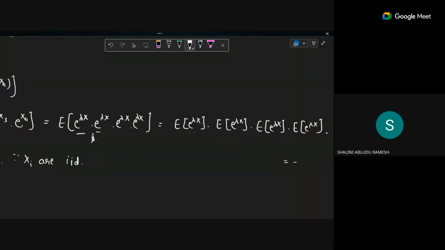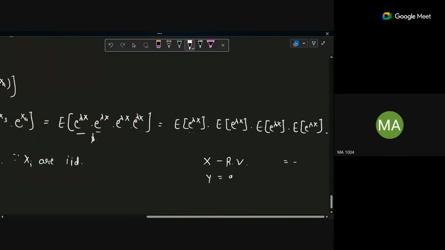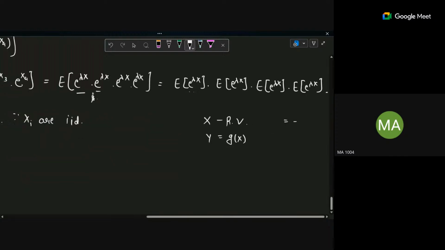Independent. If X is a random variable, and let's say Y is equal to g of X, that means a function of random variable, then can I say Y is a random variable? Yes. That was the reason. As e power lambda X are functions of random variable, these are also random variables which are independent and identical. Okay, so that was some extra thing.